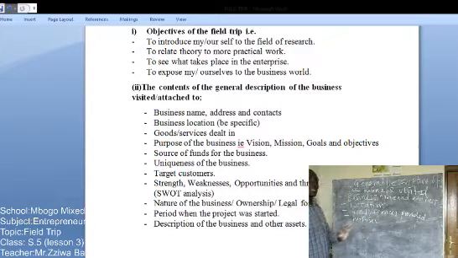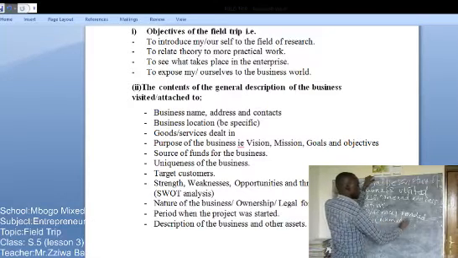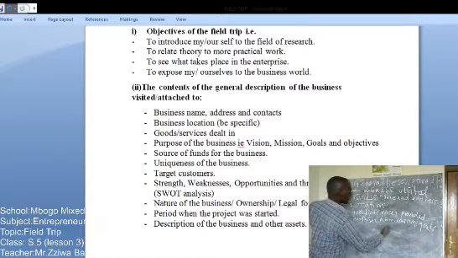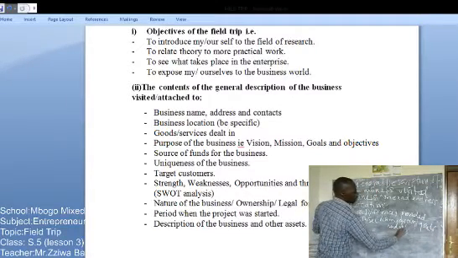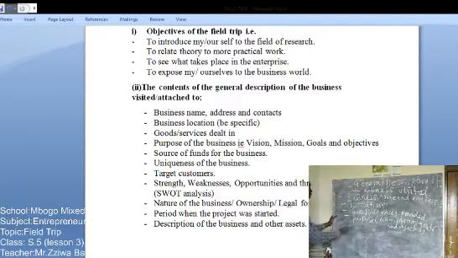Purpose is highlighted by 3 elements. There we shall write the vision, mission, goals, and objectives. Any of those ones will give us what we call the purpose.